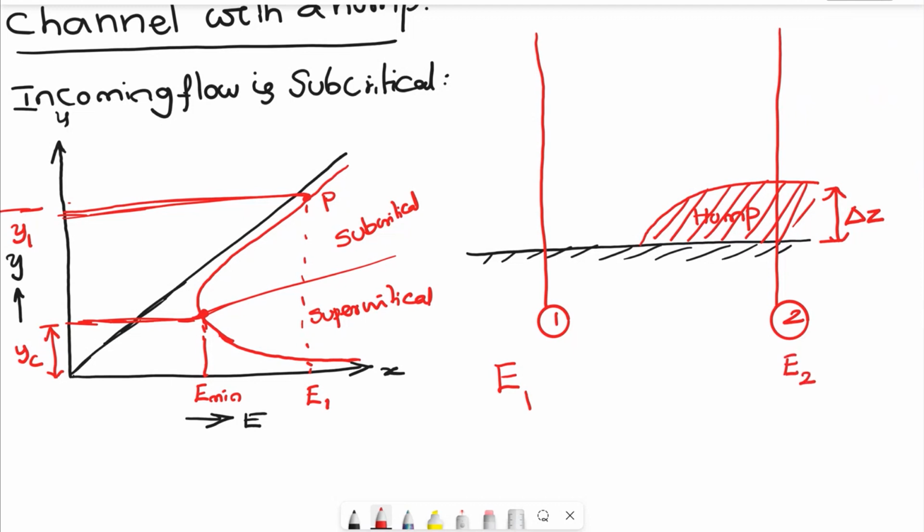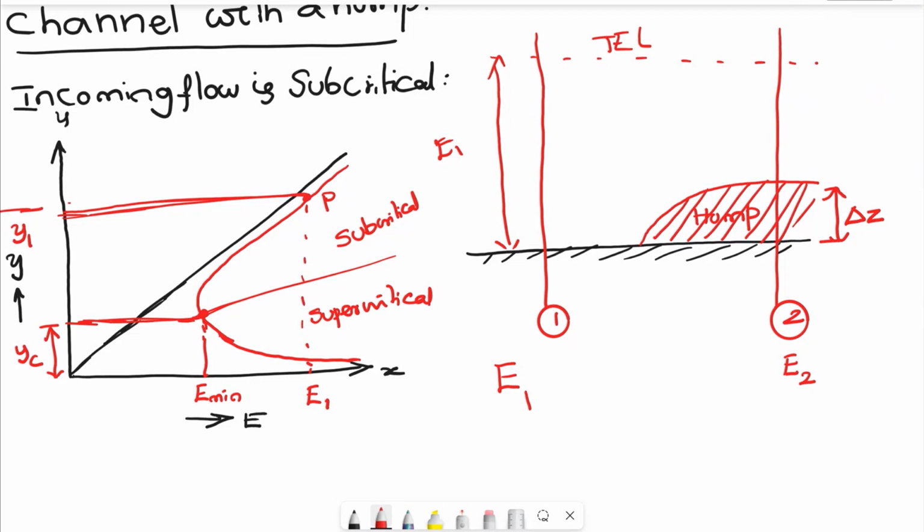But when there is no loss of energy, the energy remains constant. So naturally, the total is equal to E1. This is the total energy line.